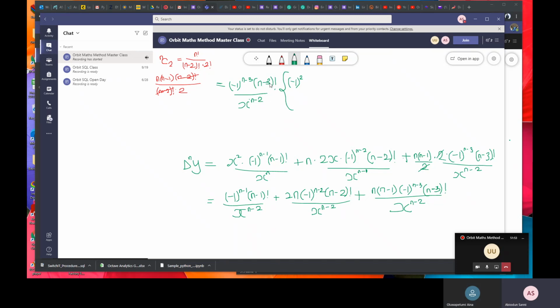Now, if I divide n minus 1 factorial by n minus 3 factorial, what do you think I'm going to have? Don't forget, this is what I want to do: n minus 1 factorial all over n minus 3 factorial.